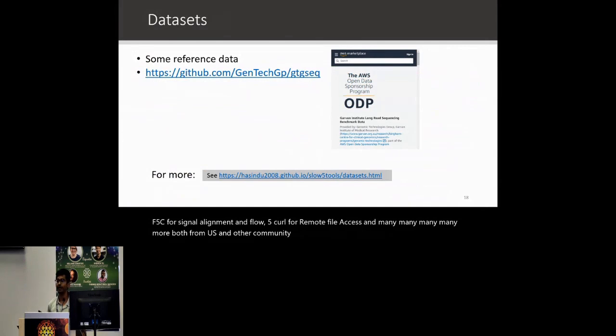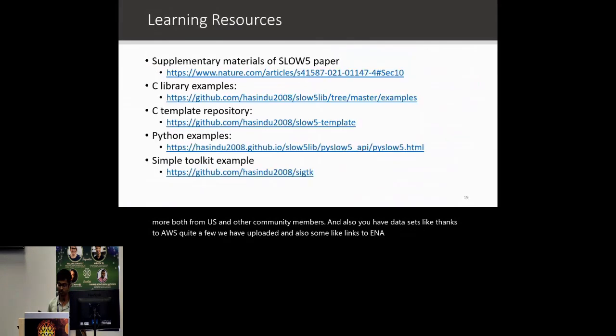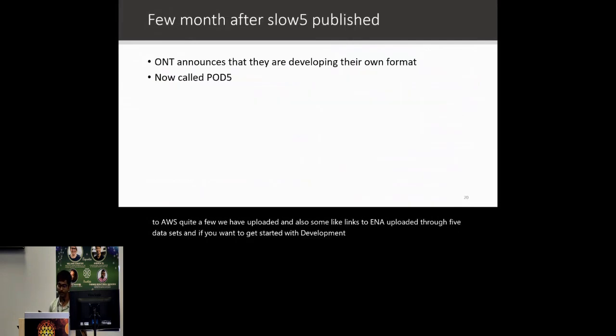And also you have data sets, thanks to AWS, quite a few we have uploaded, and also some links to ENA, SRA uploaded slow5 data sets. And if you want to get started with development, a lot of resources are available.